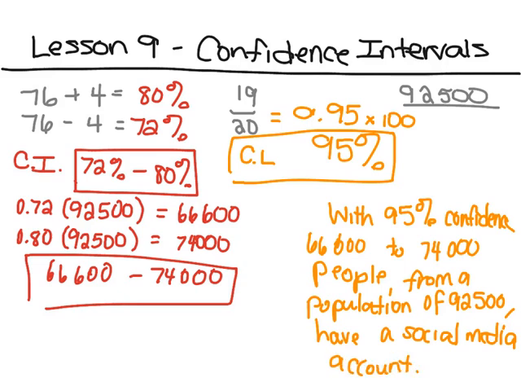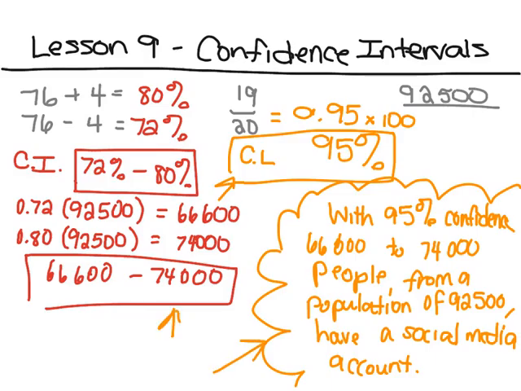Social networking site, same thing. So that is what this data means. Our confidence level and confidence interval add to our overview of that information.